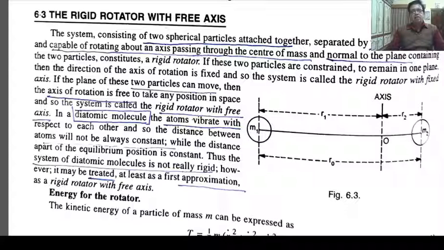Today, we are going to learn about the topic, the rigid rotator with free axis. This topic is not in your syllabus, but the solution of this problem is exactly the same as the hydrogen atom. So this topic is important for your NET classes, NET exam.